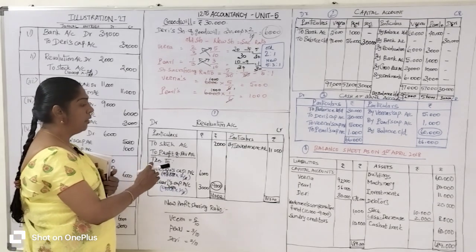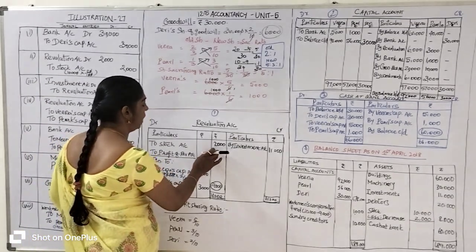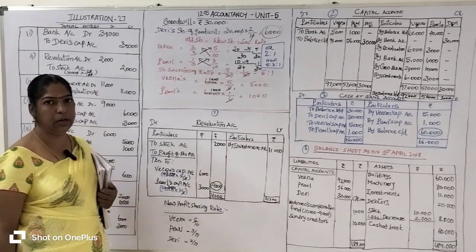We have the balance. We need to pass the journal entry for the balancing figure on the revaluation account.